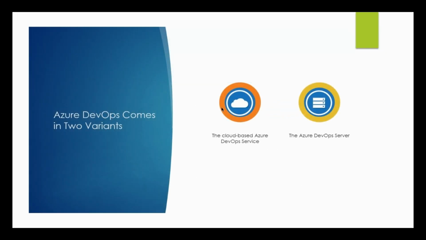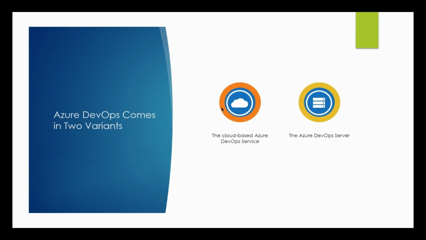There are two variants of Azure DevOps. First is the cloud-based Azure DevOps Services, and the second is Azure DevOps Server, which is basically the on-prem server. Cloud-based Azure DevOps Services provides a scalable, reliable, and globally available hosted service.